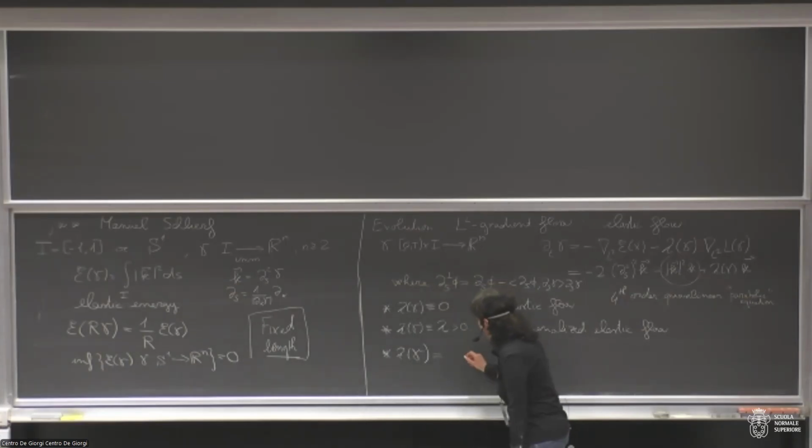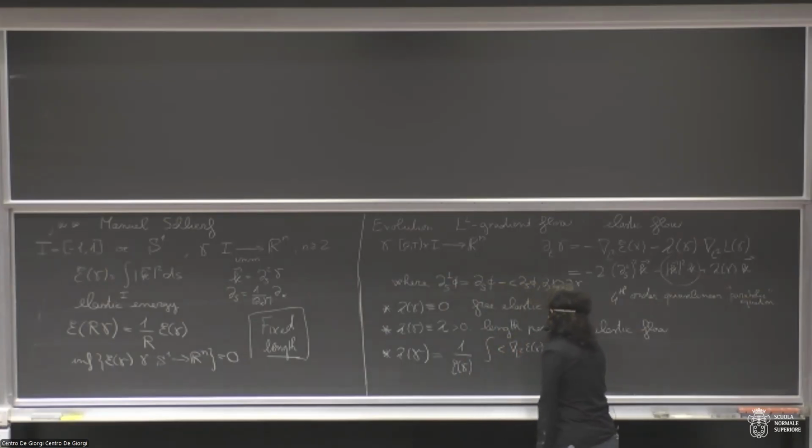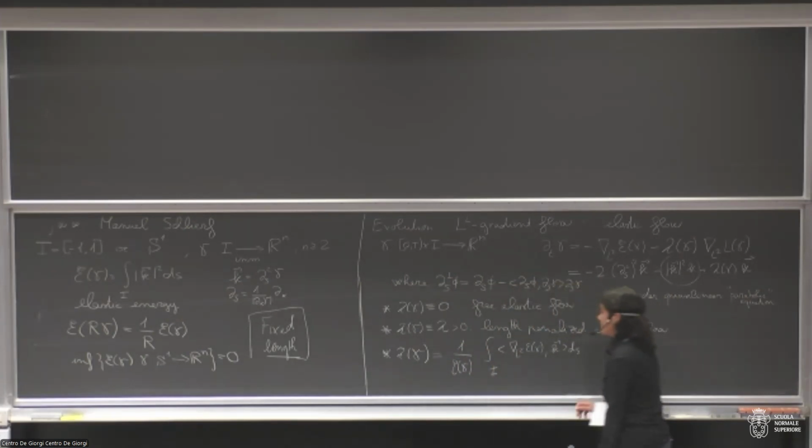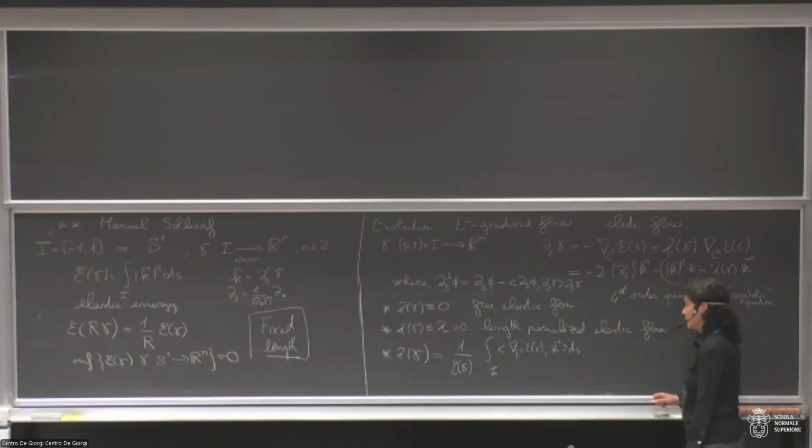And then this takes the form of 1 over the elastic energy of gamma, the integral of the L2 gradient of the elastic energy scalar product with the curvature. And that is the length preserving elastic flow. So taking this lambda, this equation becomes the length preserving elastic flow.